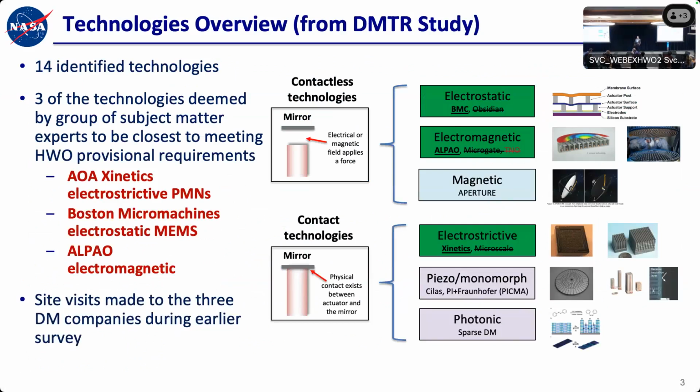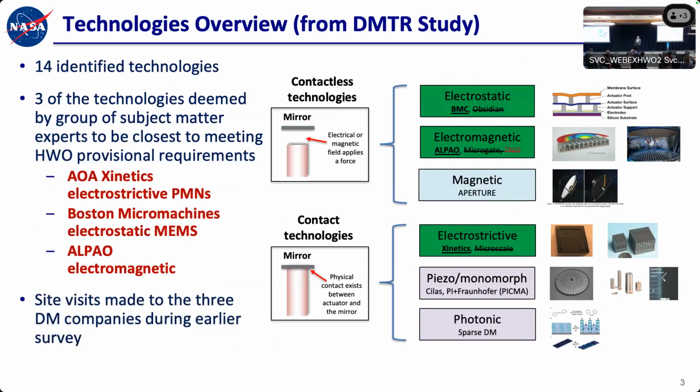These are some of the vendors that we found, and of them in particular, there were 3 that were very close to meeting the technology needs of these devices. One is AOA Xinetics, who actually built the deformable mirrors for CGI. Another is Boston Micromachines. That's an electrostatic technology. They use a MEMS process, very different from the PMN.